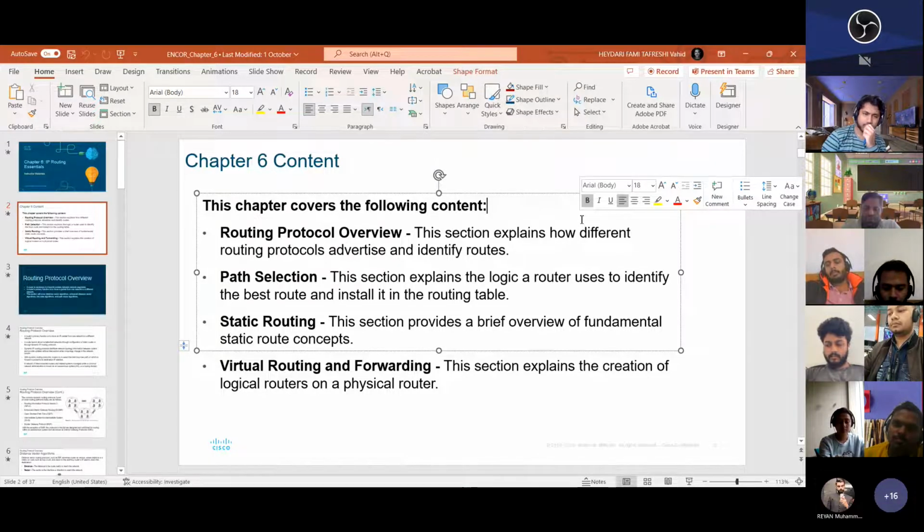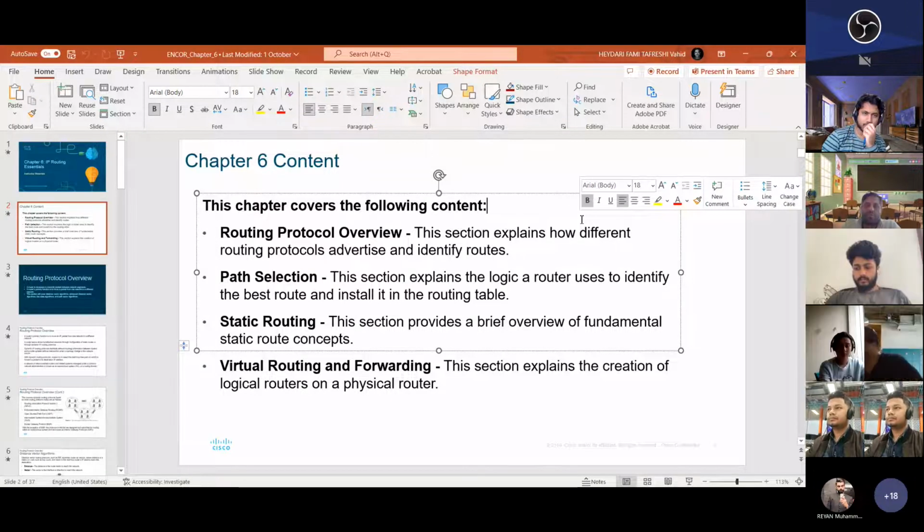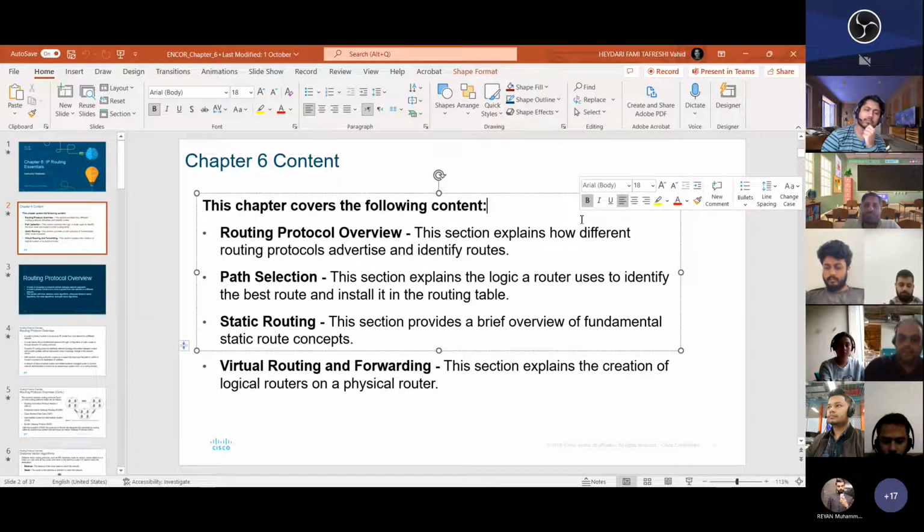We're going to talk about path selection because these routers at layer 3 are going to find the best path from source to destination. When I say best path, each of these routing protocols has a different way of determining what is the best path. What is the logic for best path selection?